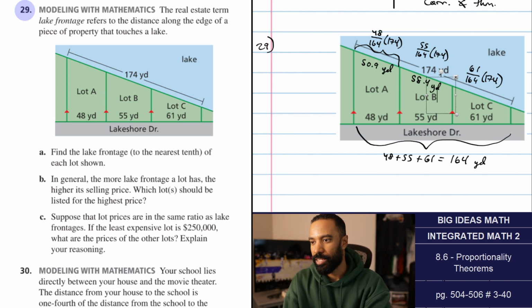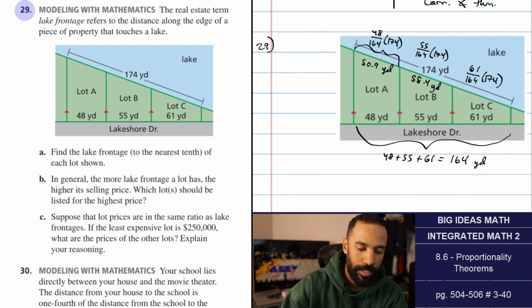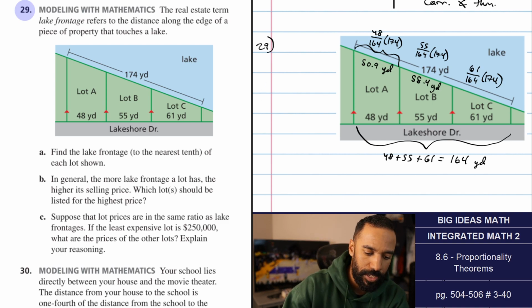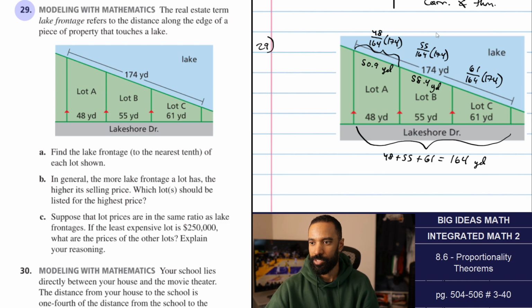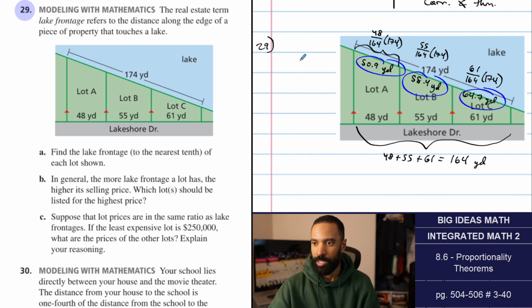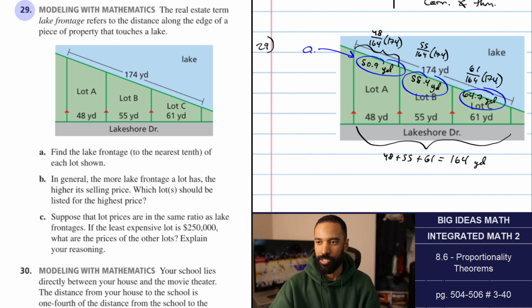And then the last one is 61 over 164 times 174. And I get 64.7 yards. So these belong to part A. So part A is there.